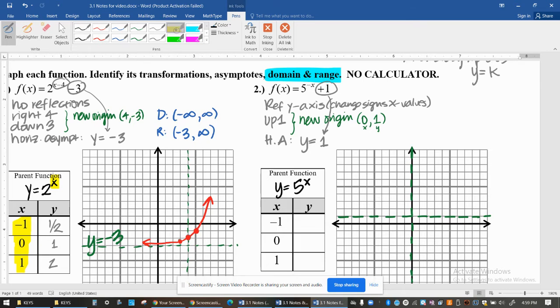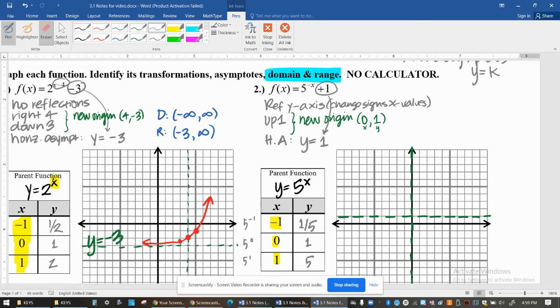Now I'm going to take turns substituting these x values into the function: 5 to the negative first power, 5 to the power of 0, and 5 to the power of 1. You get 1/5, 1, and 5.